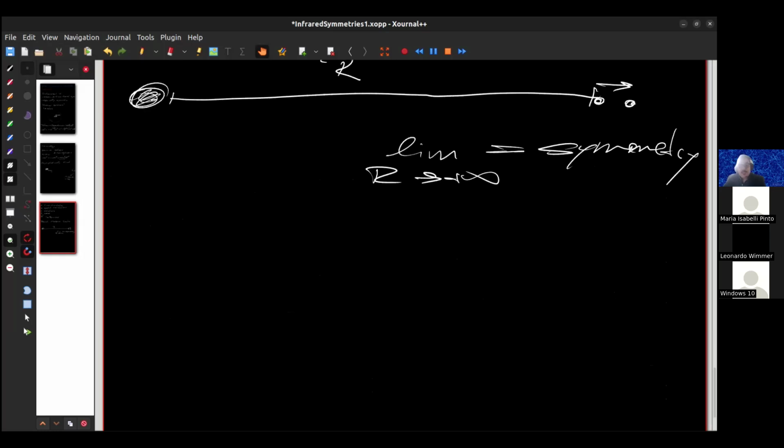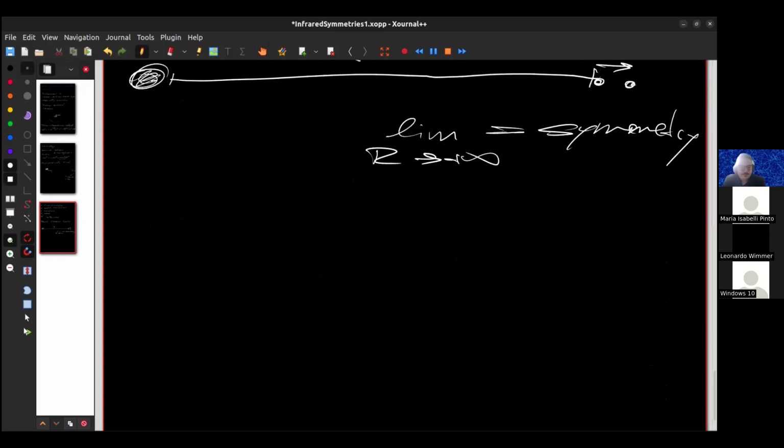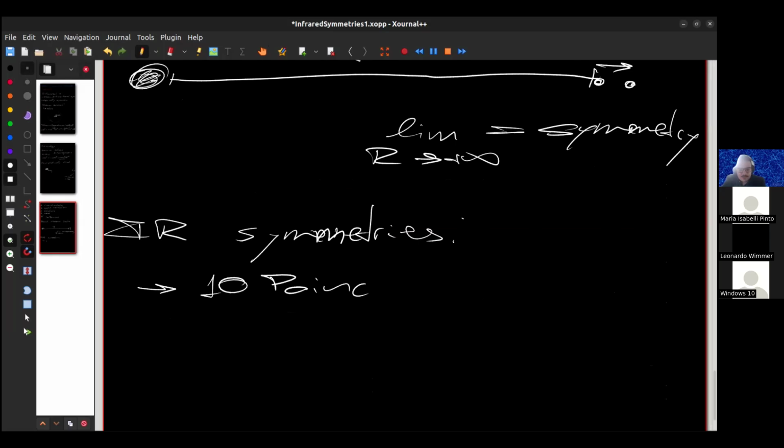It turns out that is incomplete. So the infrared symmetries are the 10 Poincare symmetries. So that guess is correct, in which the 10 Poincare symmetries are indeed asymptotic symmetries of asymptotically flat spacetimes.